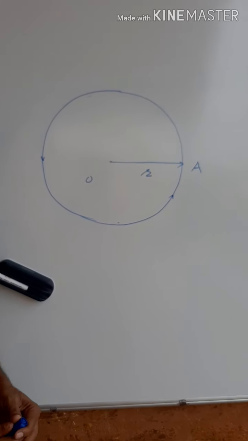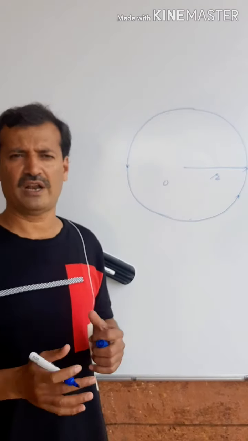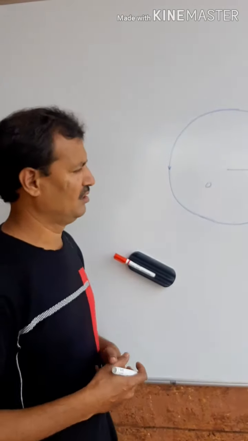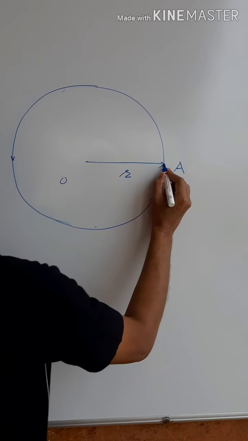And therefore, in order to know the direction of centripetal or radial acceleration, we draw this vector diagram.